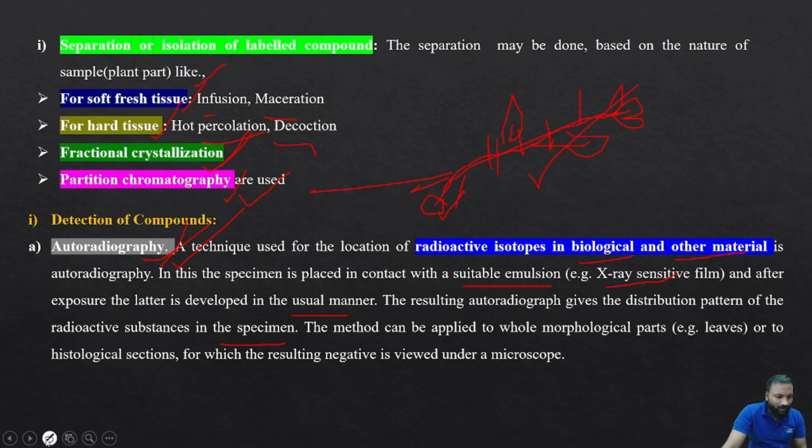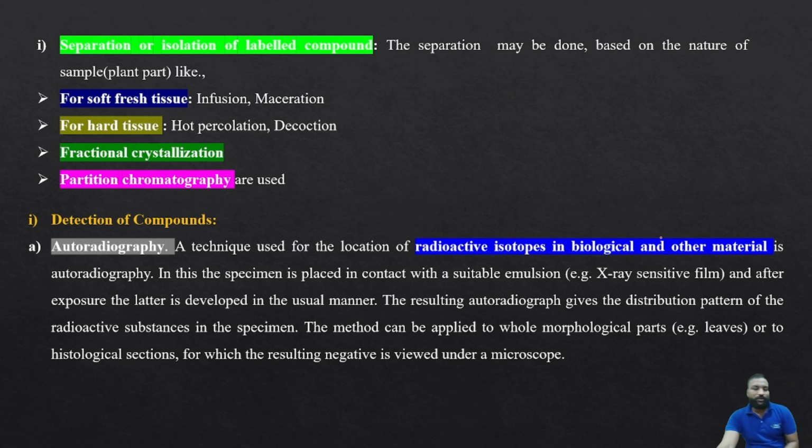So simply, autoradiography is used to know the location of the biological and other materials or radiolabeled isotopes. We place it in a stable emulsion, subject it to radiation, and examine. If the release or distribution pattern varies somewhere, you can assume there is a radiolabeled isotope.